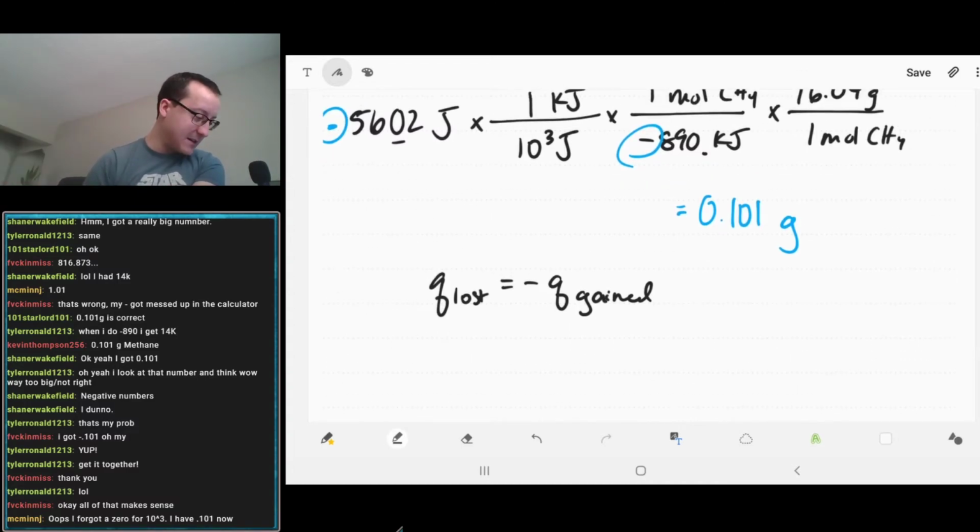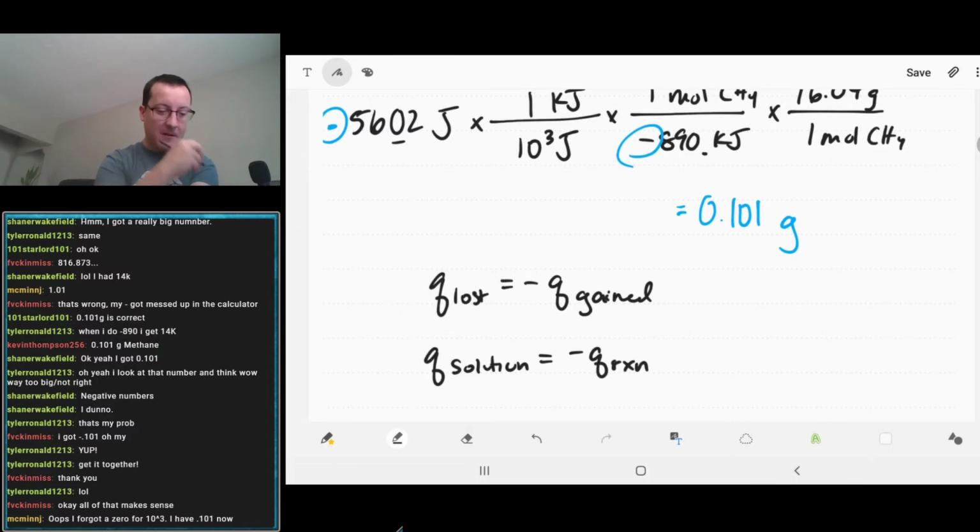So with that, typically this is often written as: the heat in the solution is negative of the heat of your reaction. And so that's where that negative should have come from.